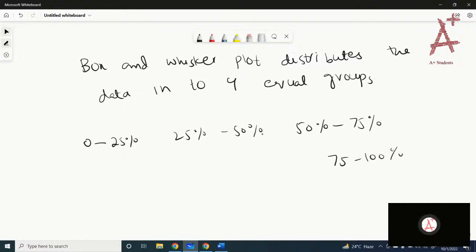So basically we have four groups: 0, 25%, 50%, 75% and 100%. Got it?